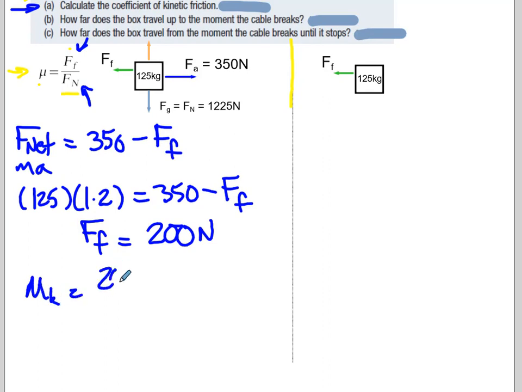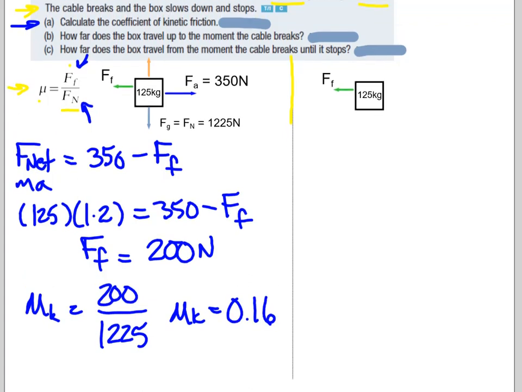So I have 200 divided by 1,225. So I get a coefficient of kinetic friction of 0.16. And if we slide up here and check the textbook answer with us, if I can find the eraser tool, there it is, 0.16.